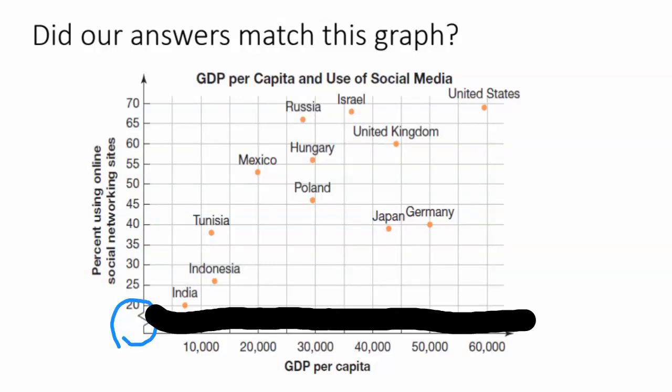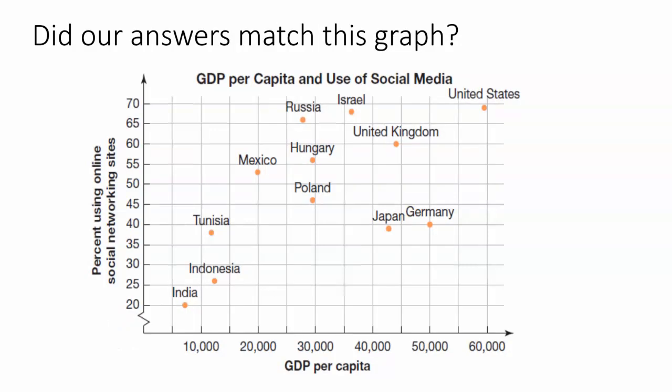But it's your choice. This, and notice how they labeled it. Notice that we went from 0 up through. Okay. We went from 0 to 60.